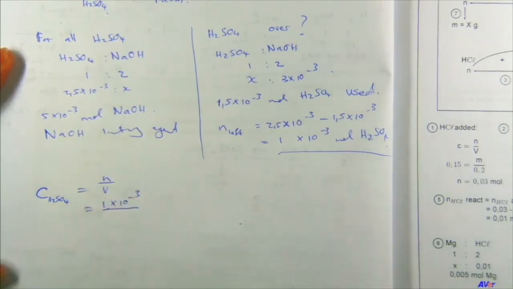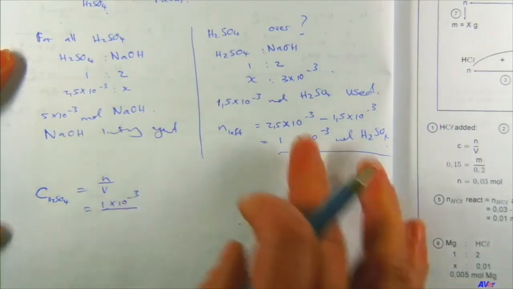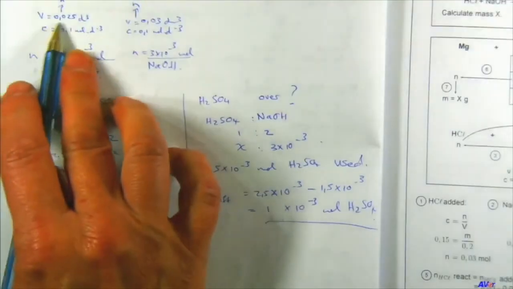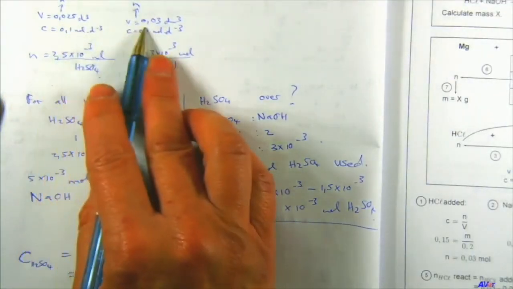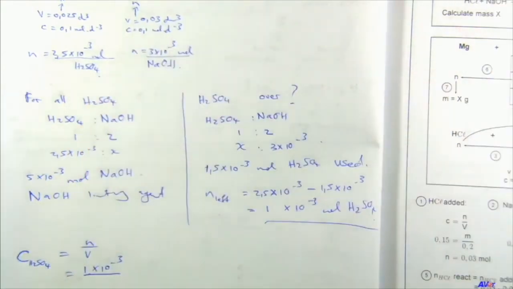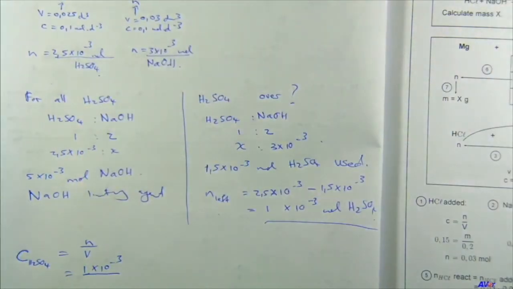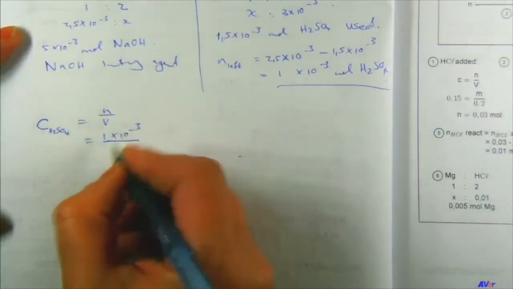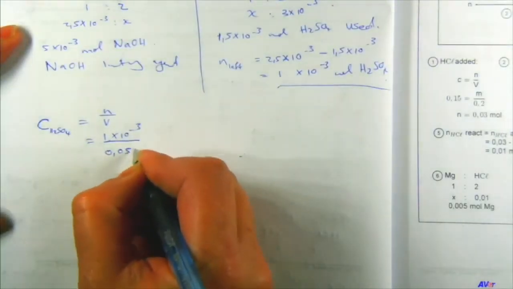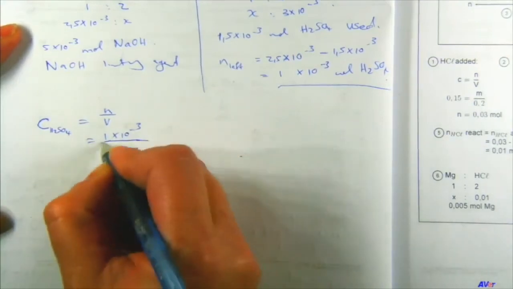What is the total volume now? Now, if you go back, you will see we used a volume of 0.025 and a volume of 0.03. They're all now in that flask. So what is the total volume? 0.055. Right.